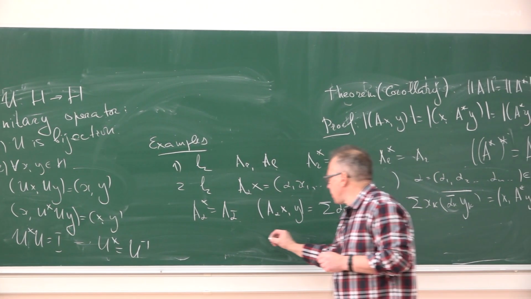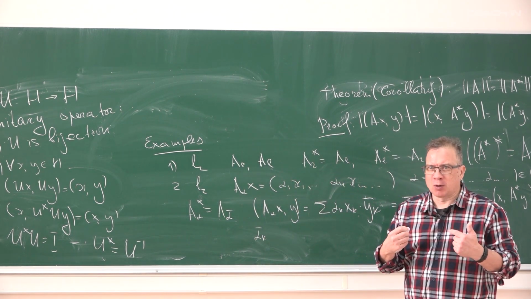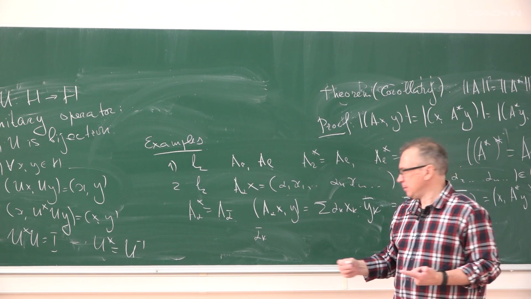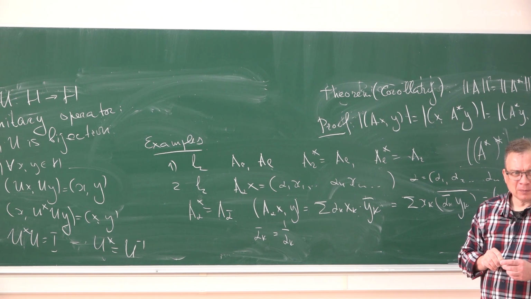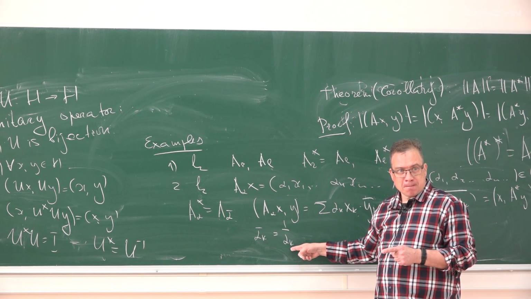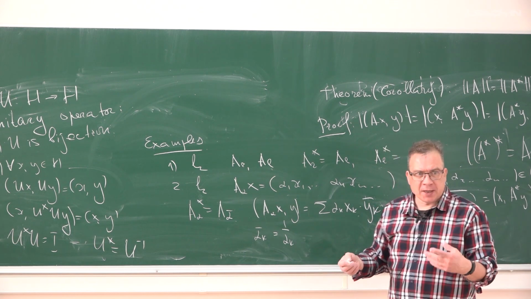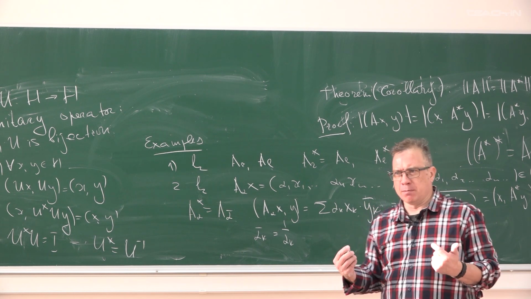Because for a unitary operator, we know that the adjoint is alpha k star, and for the inverse operator, you must divide by alpha k. This is the adjoint operator, this is the inverse operator. And of course, for the inverse operator, alpha k is not zero because we must have bijectivity.